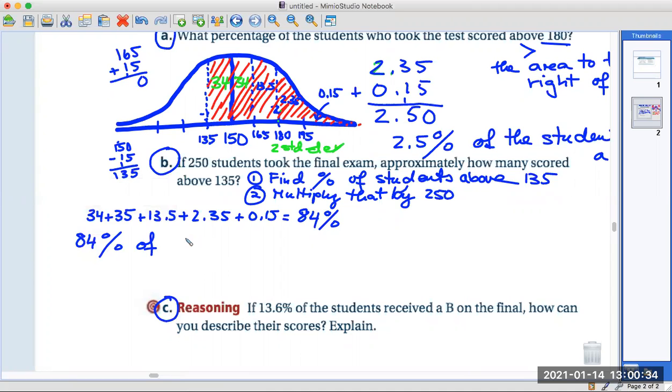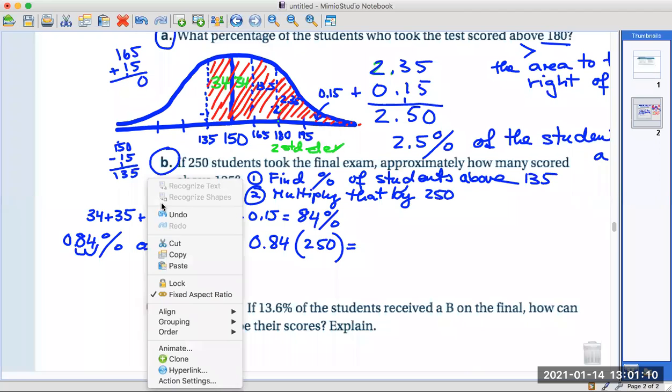So 84% of 250 students, you need to change your 84% to a decimal, move it 2 spaces to the left, and then you multiply by 250. And now we get 0.84 times 250. I got 210 students.